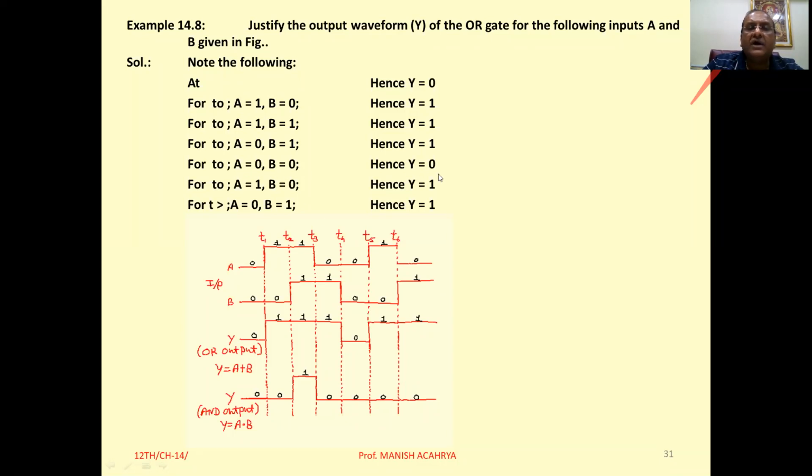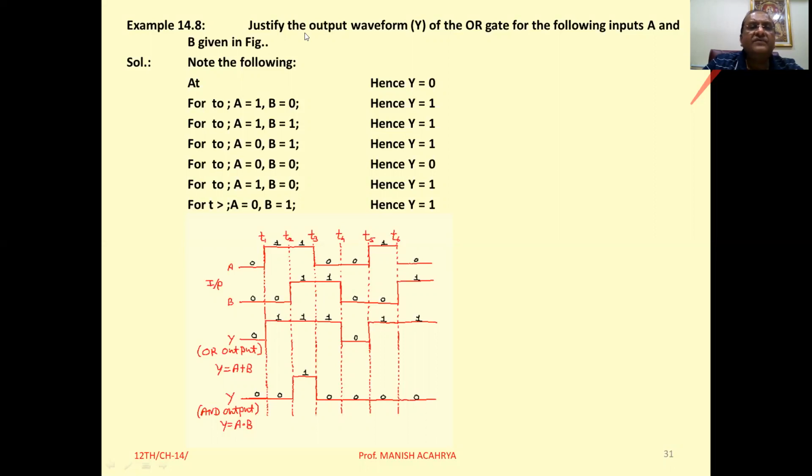And therefore output is 0. Then T5 to T6, A is 1, B is 0, and output is 1. Then T6 onwards, A is 0, B is 1, obviously output is 1. Clear to all of you?